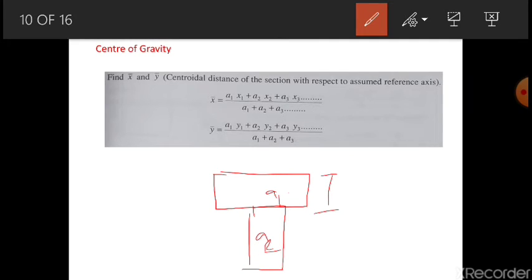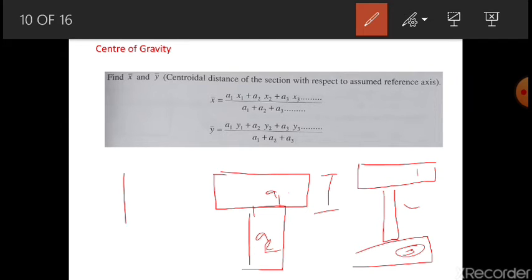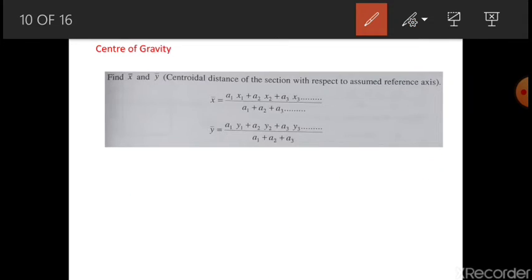This body is one, but they are two different parts. Whenever we get such built up sections, we have to divide the whole body into two or three parts depending upon the number of parts you can form. In the I section, you can make three parts, 1, 2 and 3. In T or L sections, it is 1 and 2, right? So that time you have to use the same formula here.